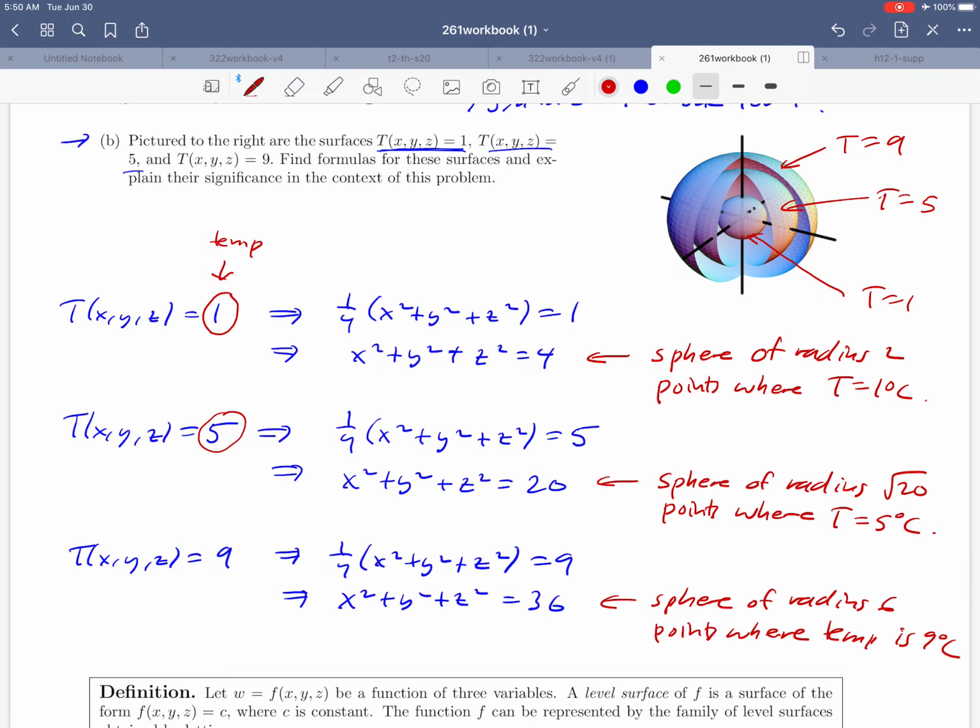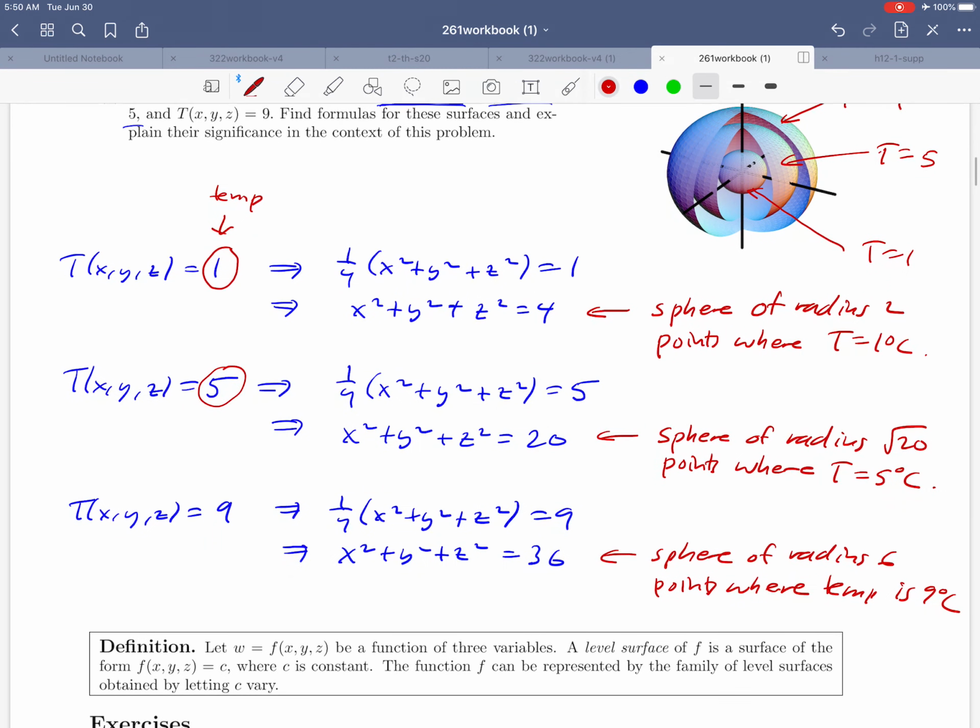Okay, and so finally, just to sum up this discussion, these surfaces that we just found in part B have a special name. They're called level surfaces of a function. And that relates to this definition that we're seeing down here. So if you start with a function of 3 input variables, w equals f of x, y, and z, its graph would occur in 4 dimensions, so we can't draw its graph, but we can do what we did in part B above.